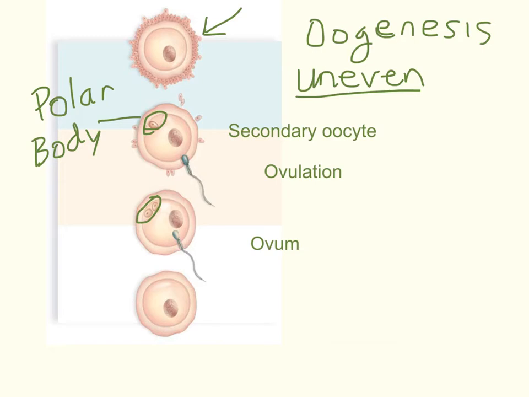Now sometimes that first polar body will also go through meiosis II and you end up with 3, but they will all be hanging out here on the edge because of the uneven cytokinesis. They get no cytoplasm, and they will eventually disintegrate. The reason for the uneven cytokinesis is so that the ovum or egg will receive all of the cytoplasm and organelles.